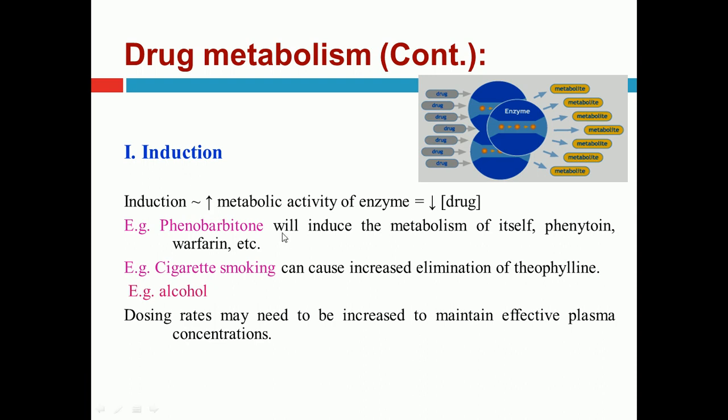So for example, phenobarbital is a drug. This will induce metabolism of itself, phenytoin and warfarin. So look, phenobarbital is a chemical moiety which will increase the enzyme level.